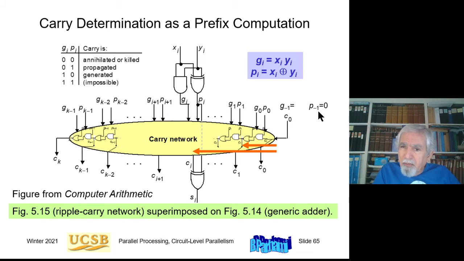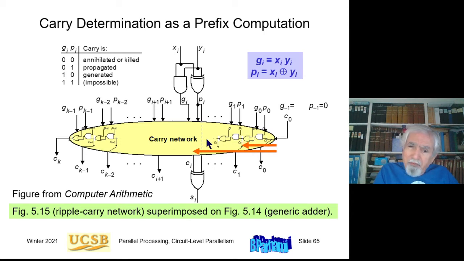So this PG pair is combined with this PG pair, and it gives me a PG pair here, and I'm only interested in the G part, whether a carry is generated for this position. That carry is generated if it's generated in position 0, or it enters position 0 and it's propagated.